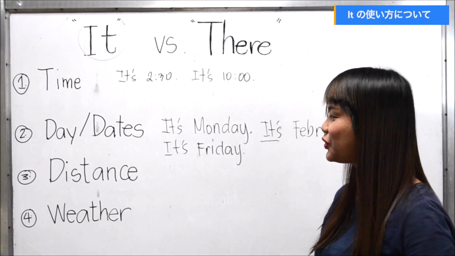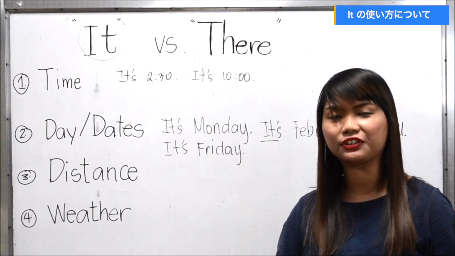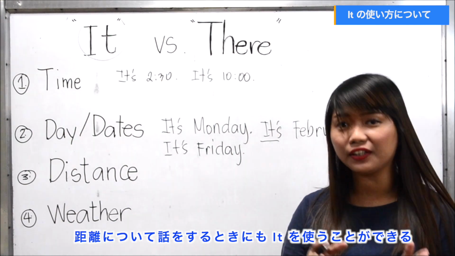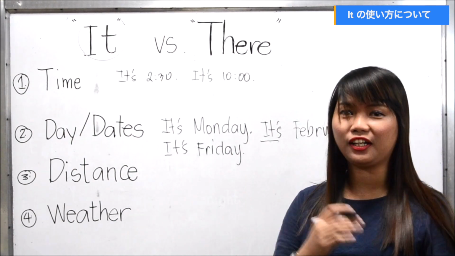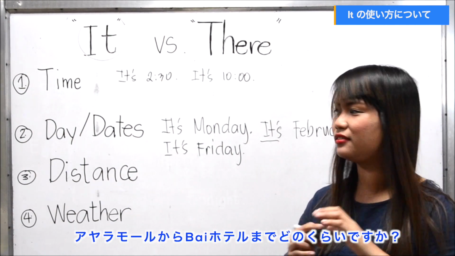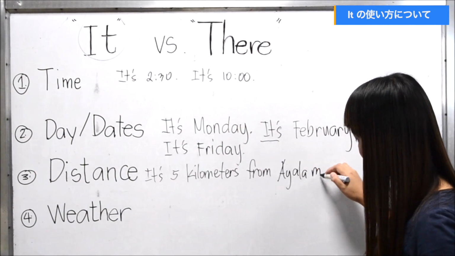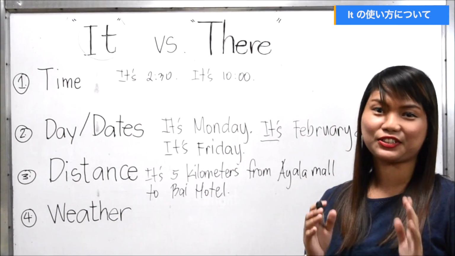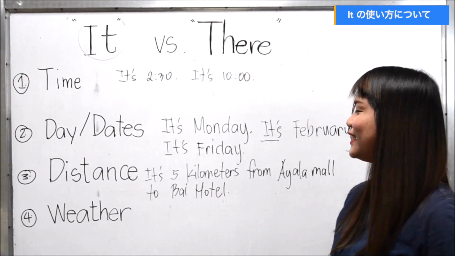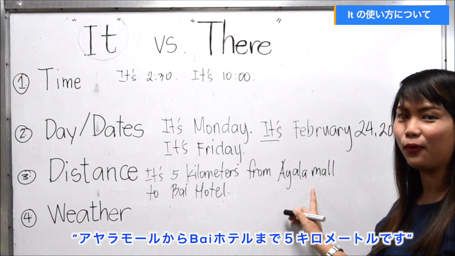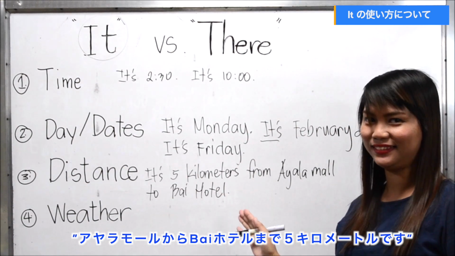Next, we can also use the word "it" to mention something about the distance. Let's say, how far is it from Ayala Mall to my hotel? Our answer will be, it's 5 kilometers from Ayala Mall to my hotel.